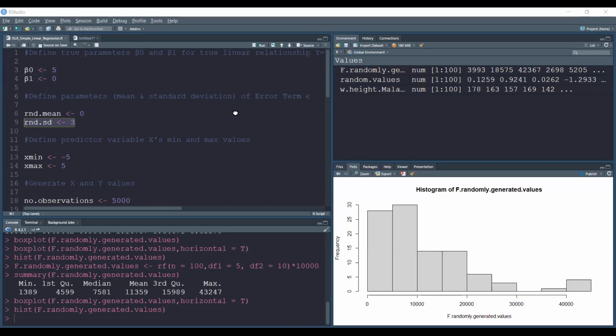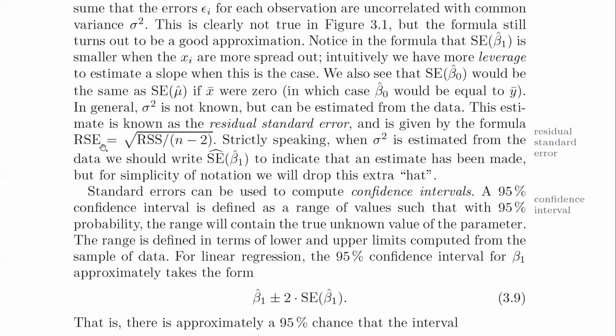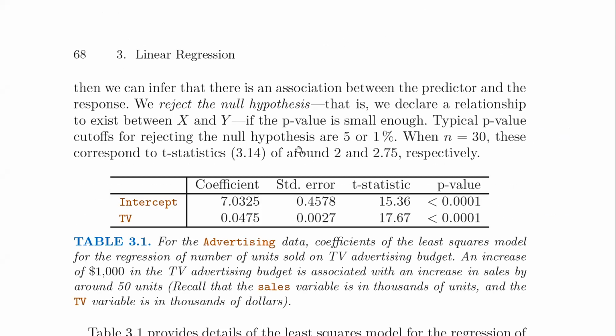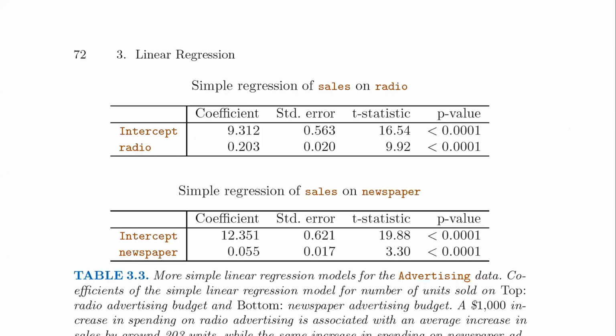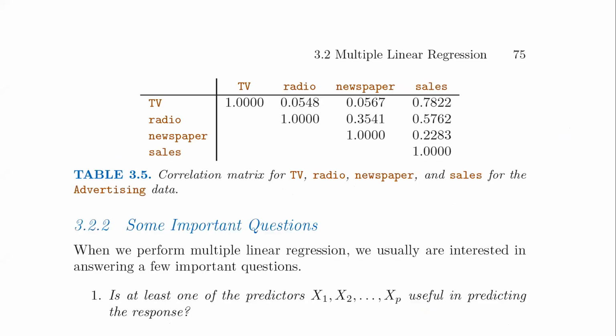So instead, we estimate the sigma using the residual standard error. It's trying to capture the variability in your error term. And that's defined as the residual sum of squares divided by n minus 2, square root everything. So that's your residual standard error.